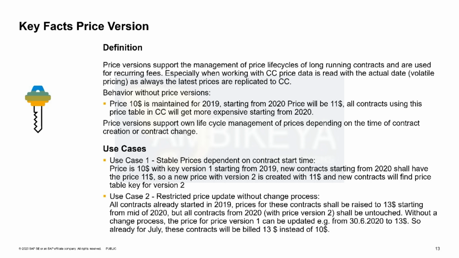Let's have a look at these use cases to understand better what they are used for. Let's assume my price is defined as a $10 price. And all contracts which are signed from a specific date have to pay $10 per month.